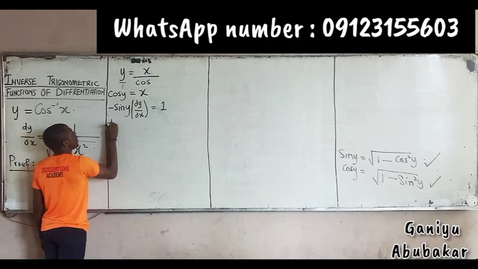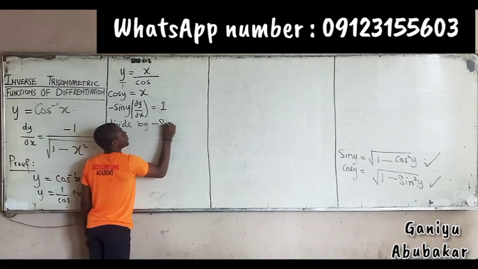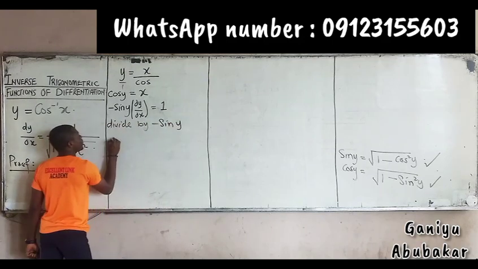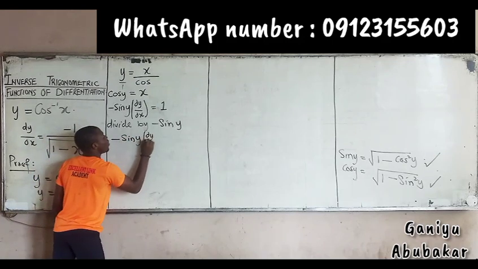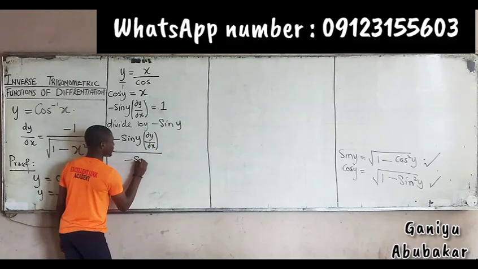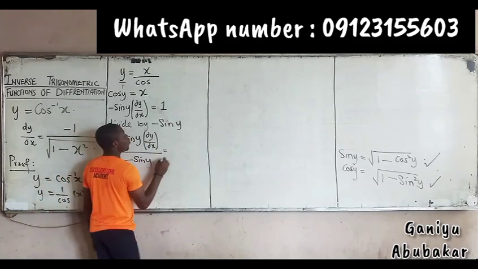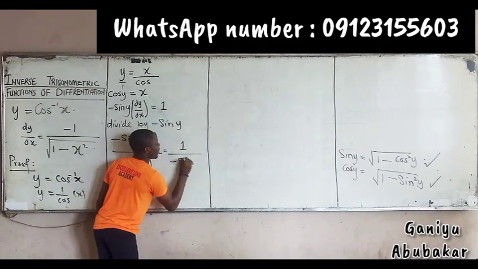At this point, divide both sides by minus sin y. I'll have that minus sin y into dy by dx over minus sin y is equal to 1 all over minus sin y.